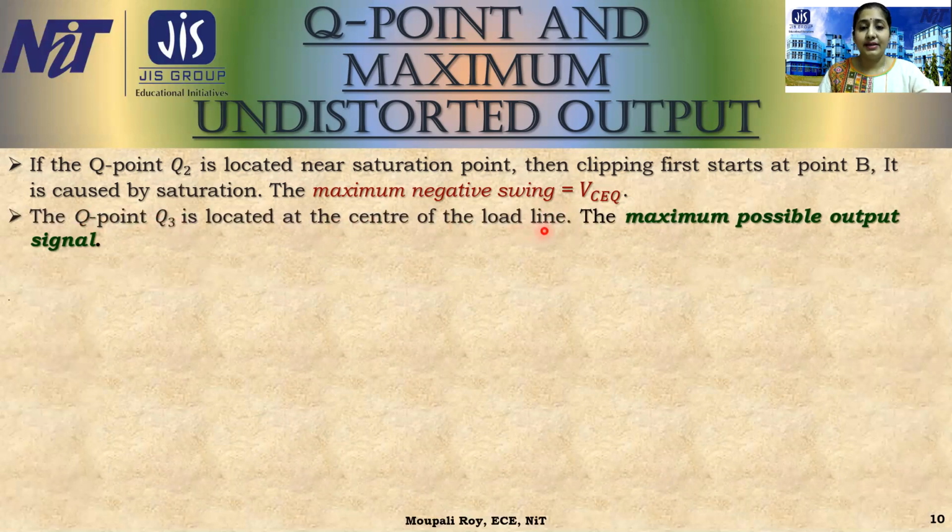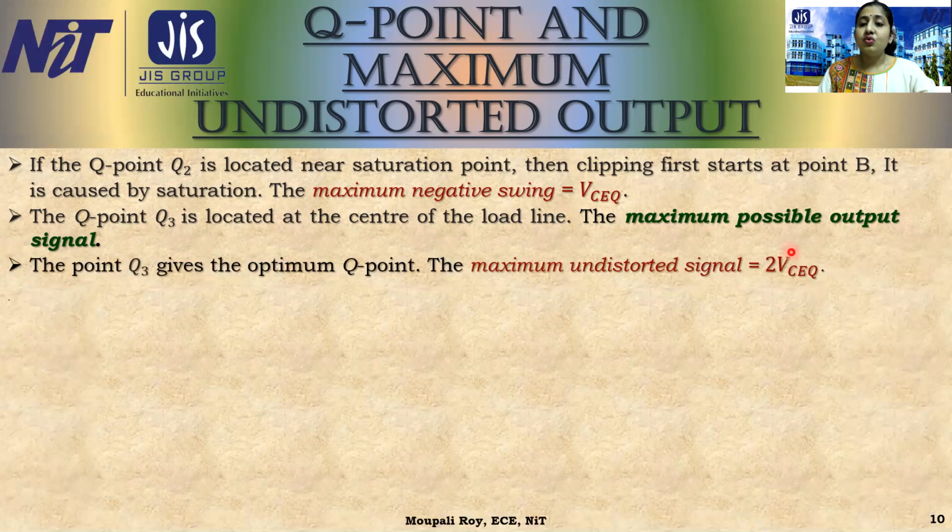For the Q point Q3, it is located at the center of the load line, and the maximum possible output signal is 2 VCEQ. That means double this value. It starts from the first one and ends with the last one.